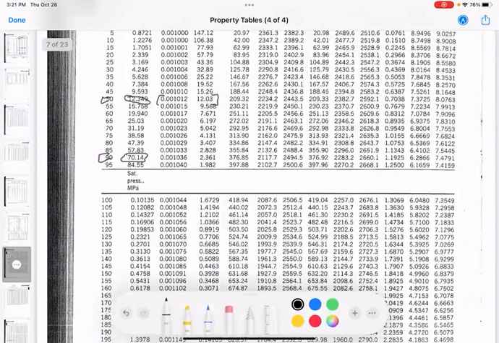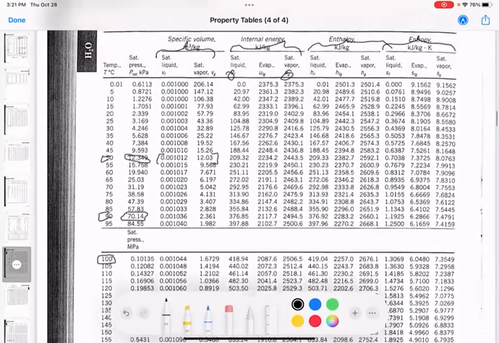There we go. Okay, so again, we're looking at this line over here, 100. And we know that we're 12.3% of the way between vf and vg, between uf and ug, hf, hg, sf, sg. Each of these properties, we're 12.3% of the way between them. So what properties are of interest to us here? Well, we want to find mainly the internal energy.